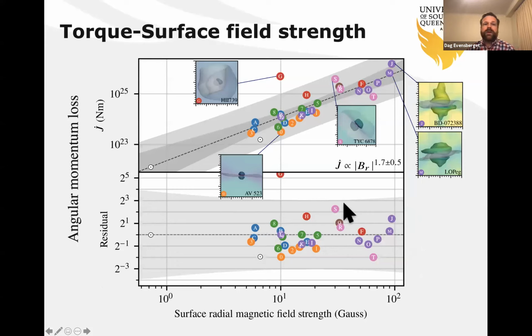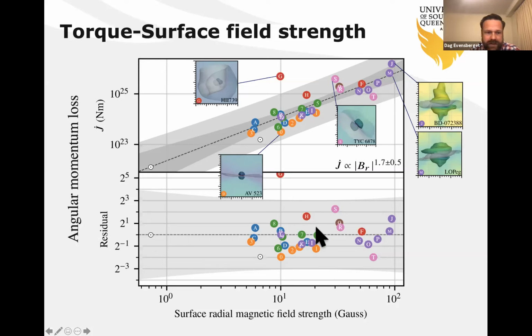So now we can look at the torque, or the angular momentum loss, so the spin down of the star, just as a function of the average magnetic field strength on the surface. That's what I'm plotting here. You see this one has a very high angular momentum loss, while the more tepid ones tend to lie towards the bottom here.